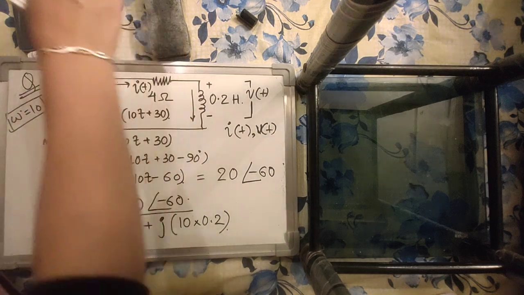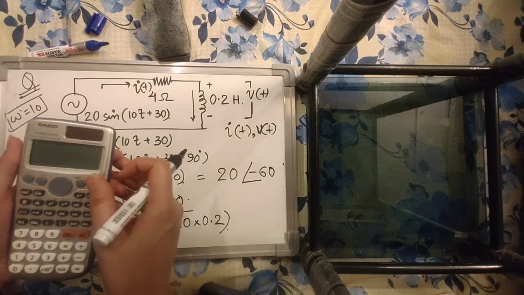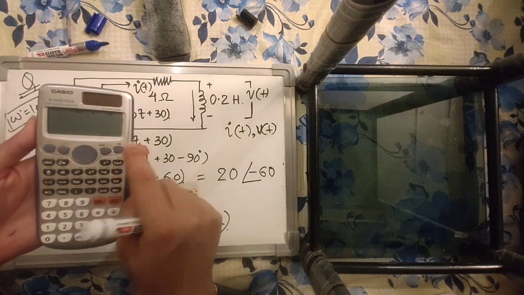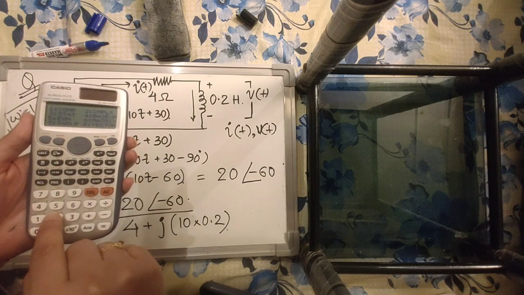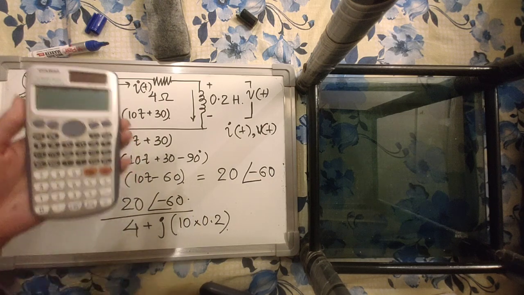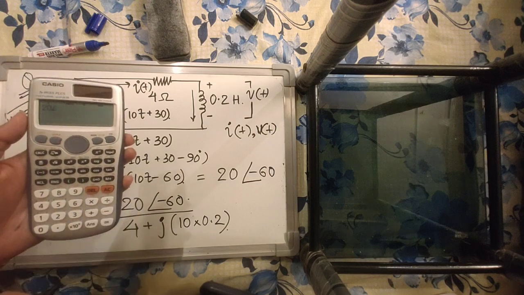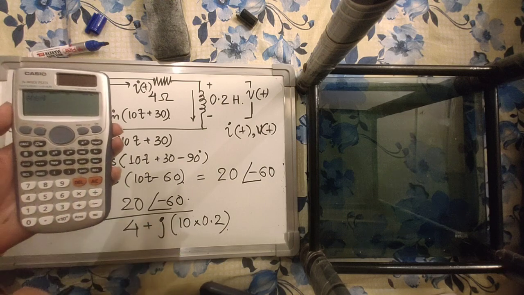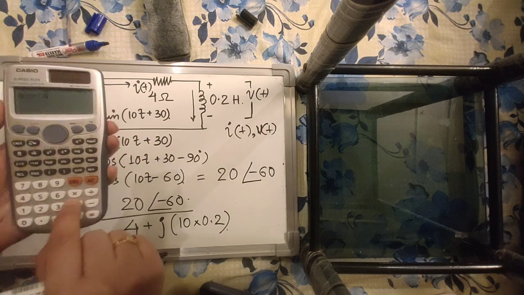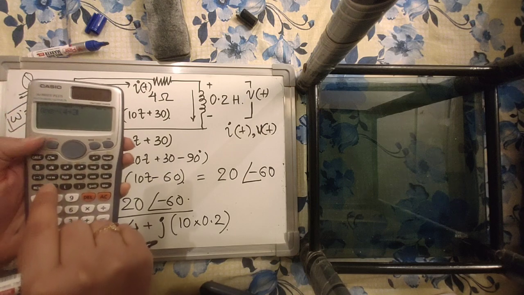I can use a calculator to find my current phasor. So you have to use a calculator like I've shown. In the mode, choose your mode number 2, that is complex, so you can do complex analysis. 20 at an angle of minus 60 divided by 4 plus 2i.